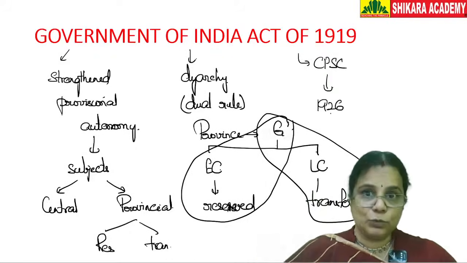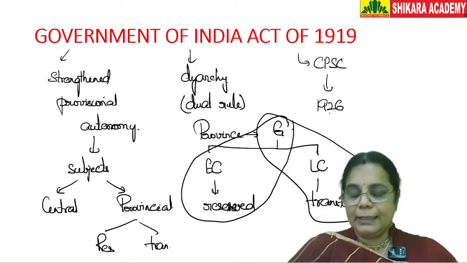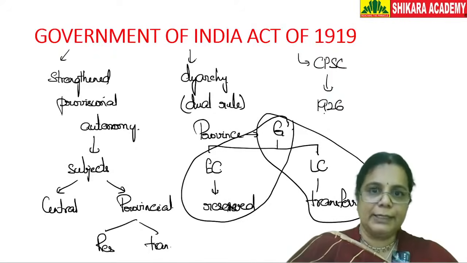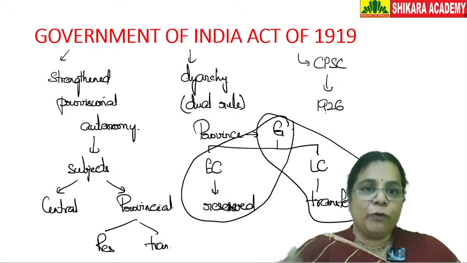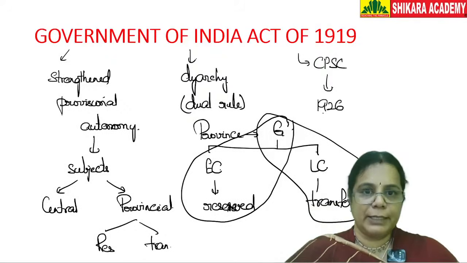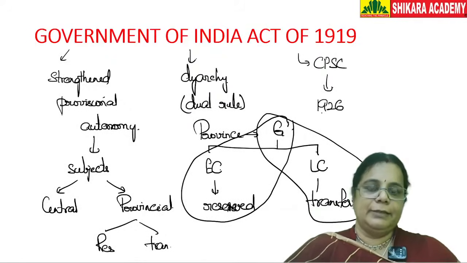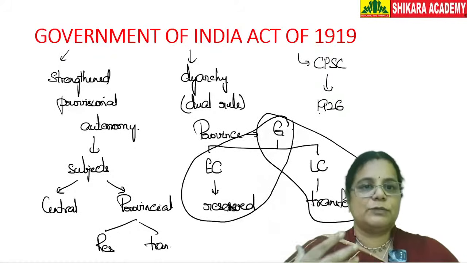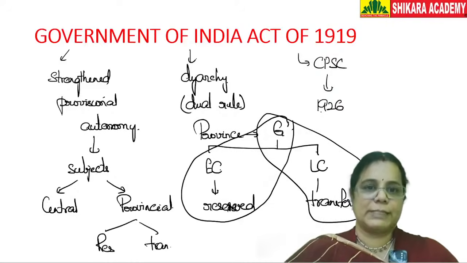Now, the last and the most important thing: the 1919 Act, the Montagu-Chelmsford reforms, came into force in 1921, and it provided for a statutory committee to review its working after 10 years. But they could not wait for 10 years because the political scenario of India was fast changing. The freedom movement was catching up.